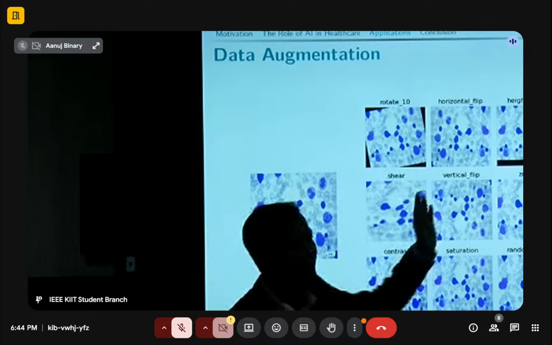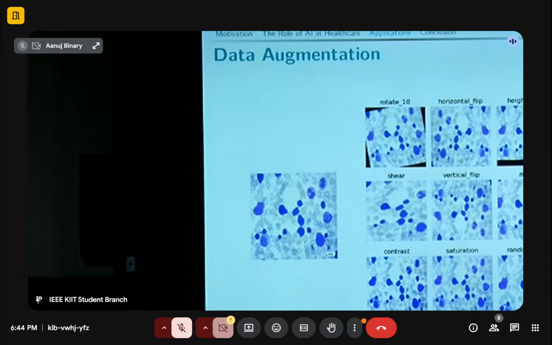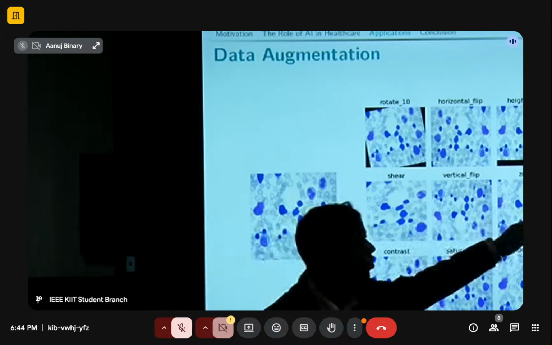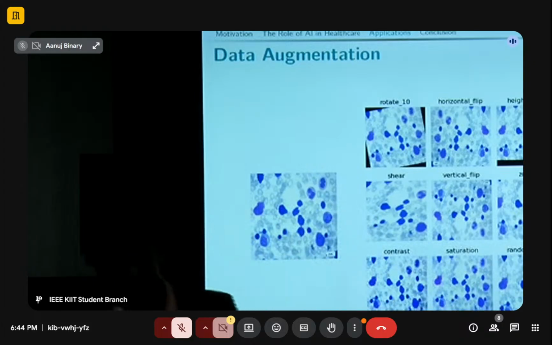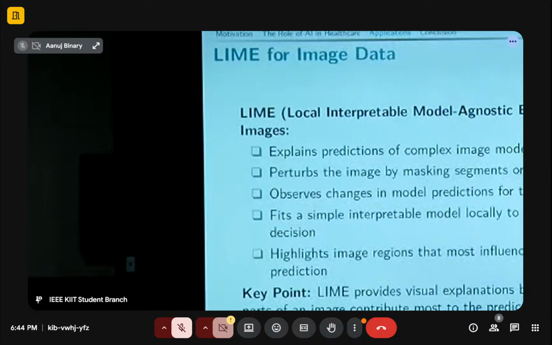We are doing different kinds of horizontal shift, vertical shift, left, then right, then shear, vertical flip, zoom, brightness, contrast, saturation, random crop, and Gaussian noise also. Please remember, I hope you have some idea about Gaussian noise. With this we are creating the synthetic data by rotating it, horizontal flip, and all these techniques.